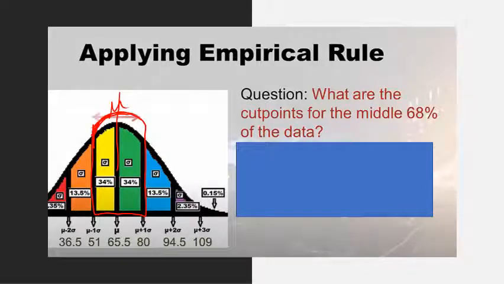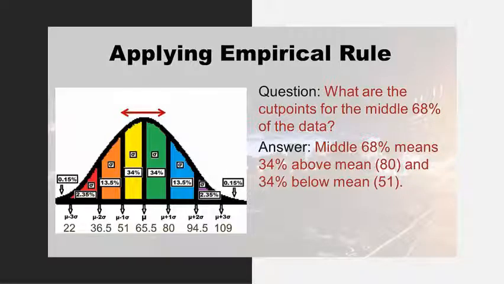It's 34% over the mean and 34% under the mean. 34% above the mean and 34% below the mean would be your middle 68%. Well, 34% above the mean is 80, and 34% below the mean is 51. See? 51 and 80. These are your cut points for your middle 68% of the data.